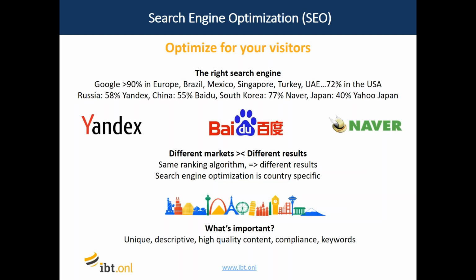The next big one is Baidu, which has about a 55% market share in China. The other search engines are also Chinese. Google has about a 2% market share in China. Yandex is Russia, and Naver is South Korea.